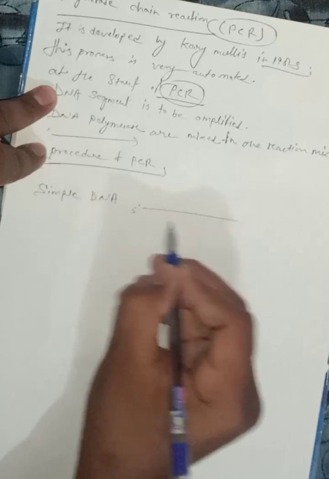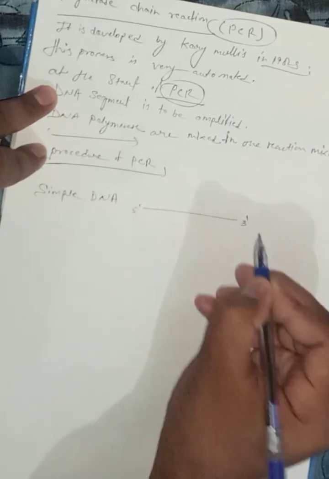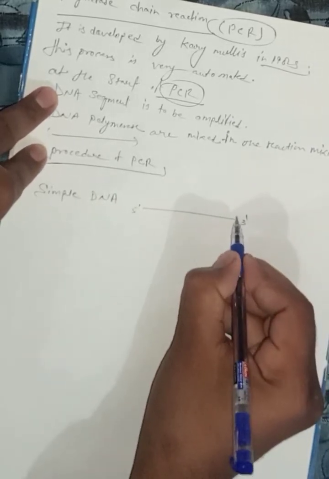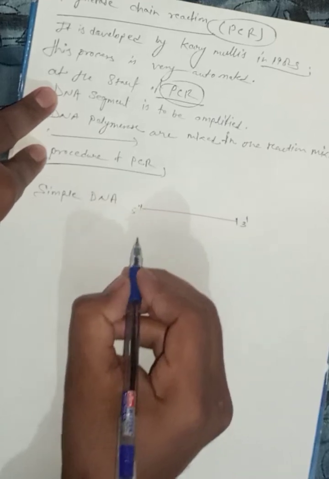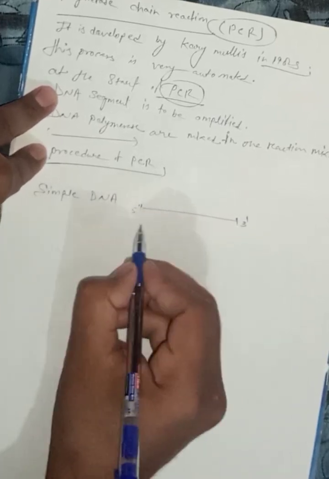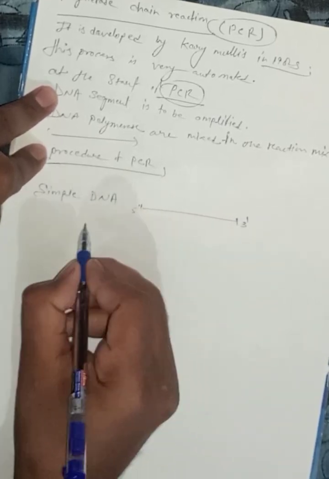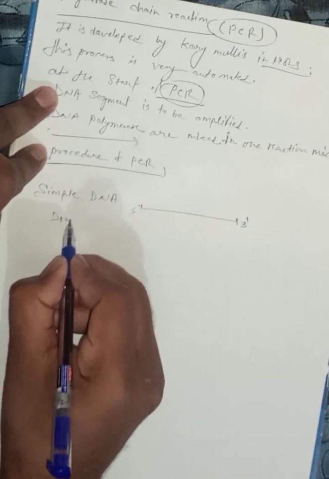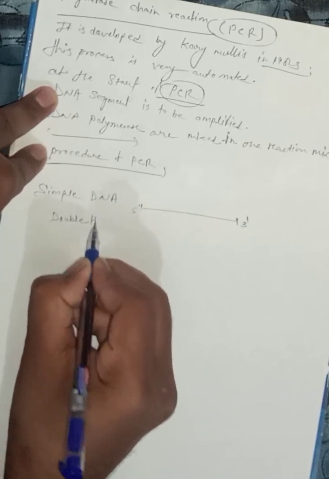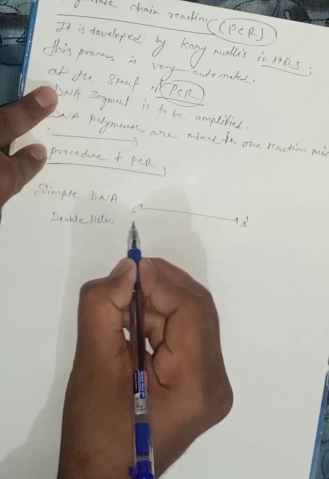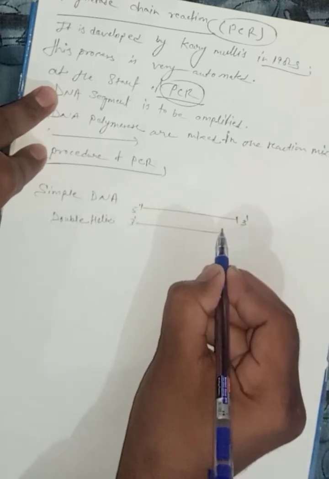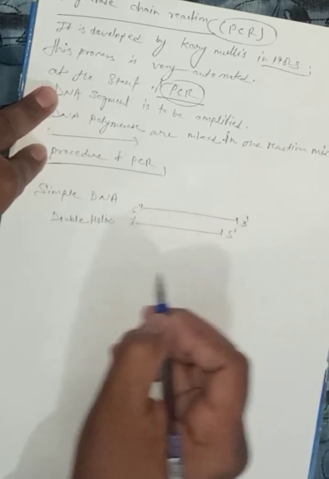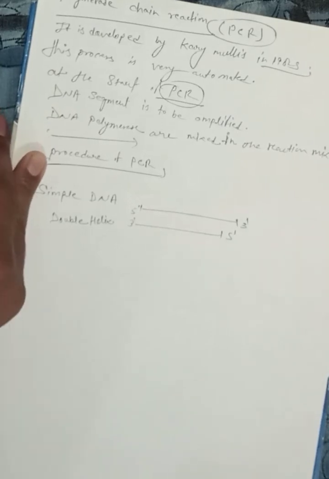This is 5 prime, this is 3 prime, and this is a double helix. This is 3 prime and this is 5 prime.